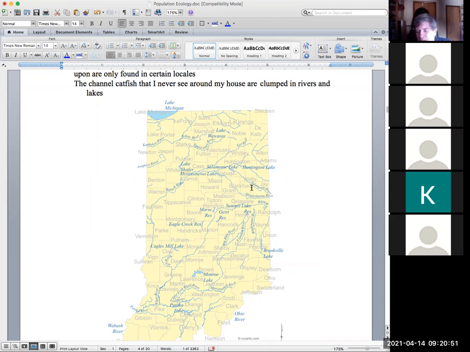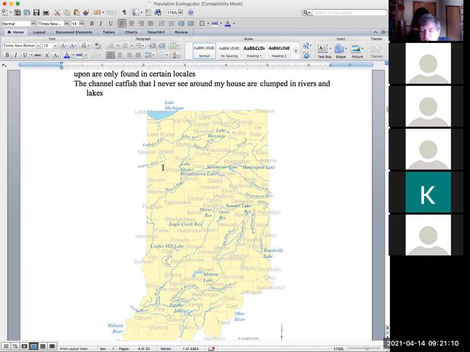And then we could say there are 11 fish per square mile or whatever our results came out to. The problem is this is a very deceptive way of looking at population density. I mean, it might be accurate in the sense that it's true, on average, there are 11 of these fish every square mile of Indiana.